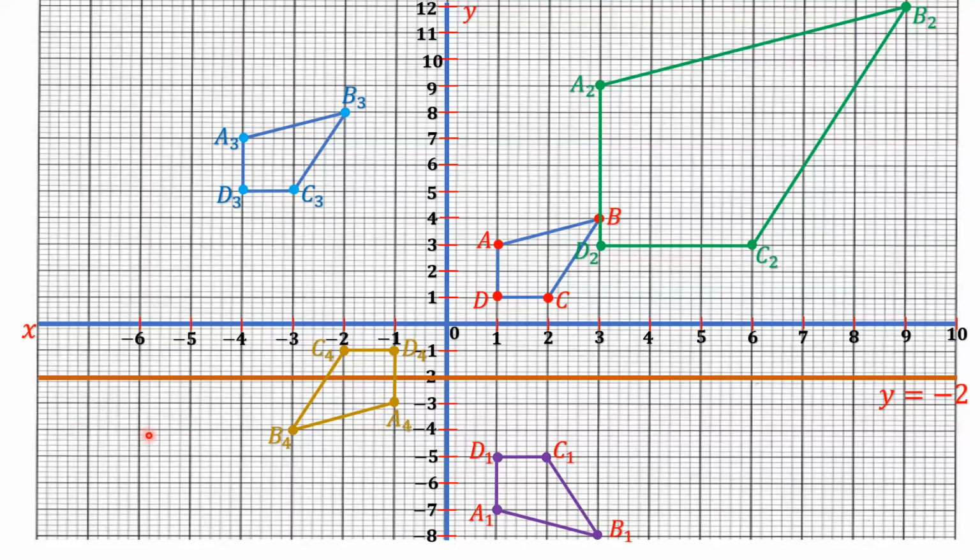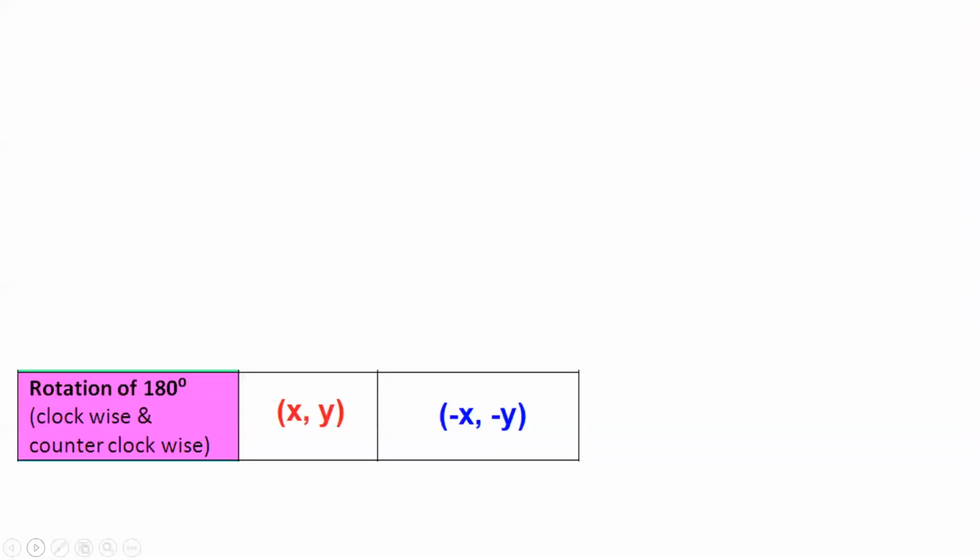But if we want to be specific, we can actually show that it's a 180-degree rotation because we have a formula. The formula for 180-degree rotation about the origin, clockwise or anti-clockwise, tells us that if the coordinates of the pre-image are x, y, then the coordinates of the image are going to be negative x, negative y, which basically means that whatever your x and y coordinates are, just negate them.